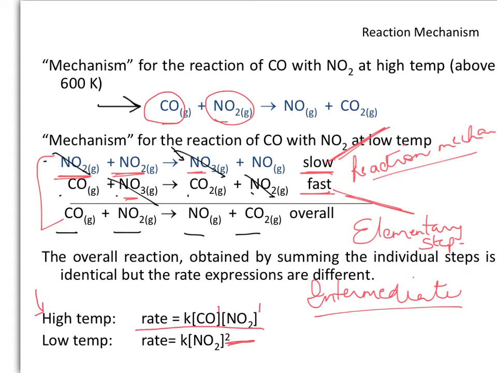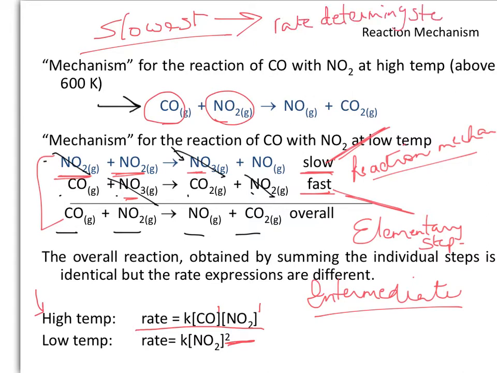The most important thing to realize here is that when you look at the various different elementary steps that combine together to give you the mechanism, one of the steps is going to be the slowest step. And that slowest step is what is called the rate determining step, sometimes also referred to as RDS.